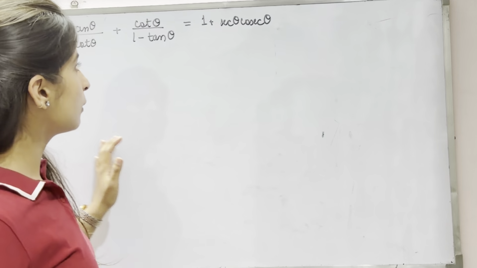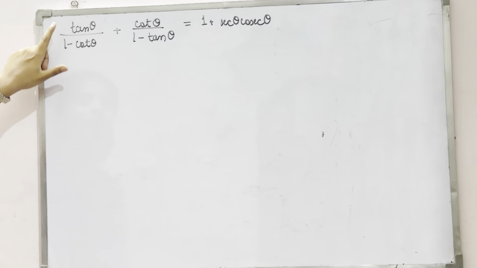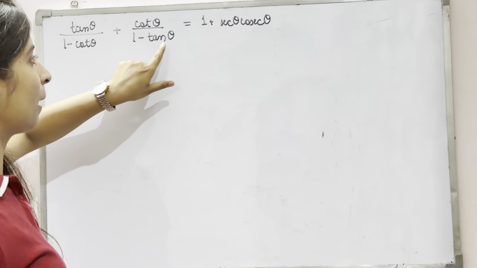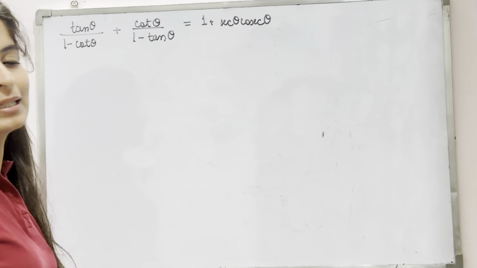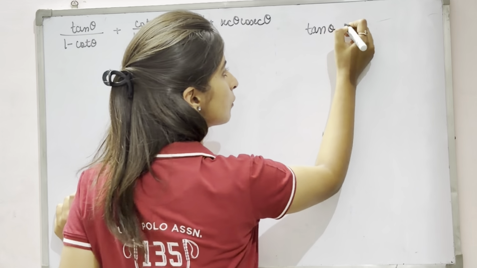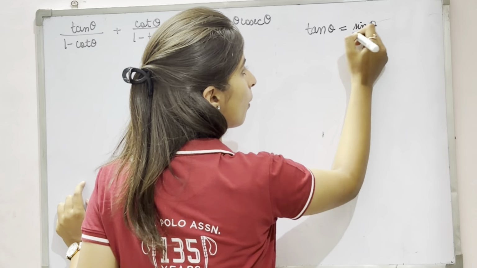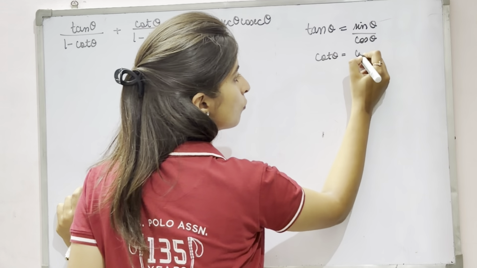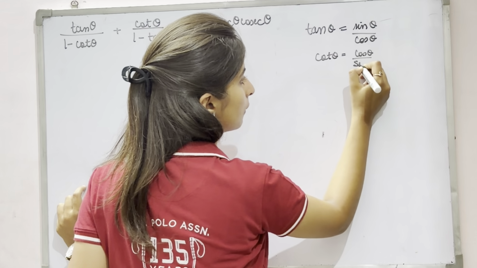Okay, so this is another question where we have tan theta upon 1 minus cot theta plus cot theta upon 1 minus tan theta equals 1 plus secant theta cosecant theta. We know that tan theta equals sin theta upon cos theta. Cot theta equals cos theta upon sin theta.